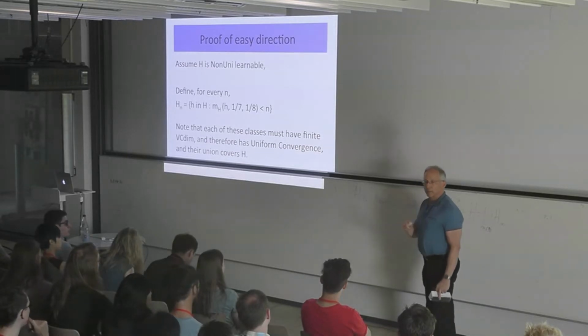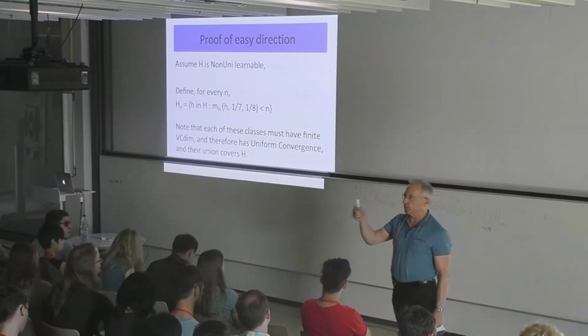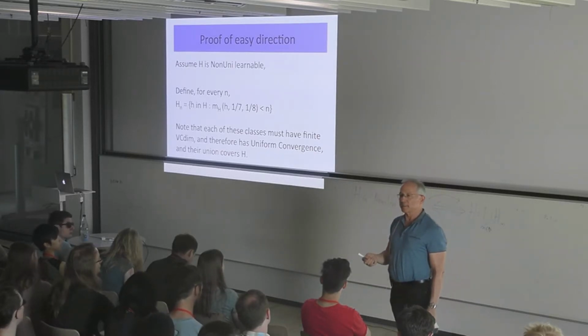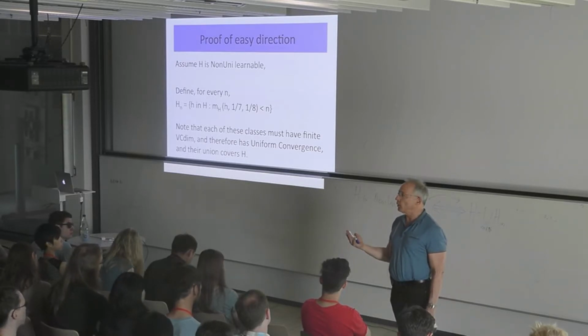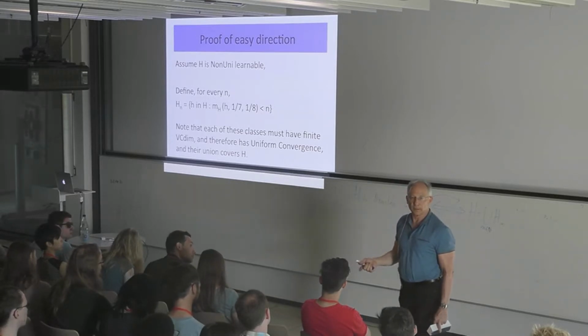All I know is that I have this function m, the sample size, that depends on epsilon, delta, and h. So now I have to come up with a decomposition of my class. I don't know anything about my class. All I know is that I have this sample size function. So I will use this function to get my decomposition.